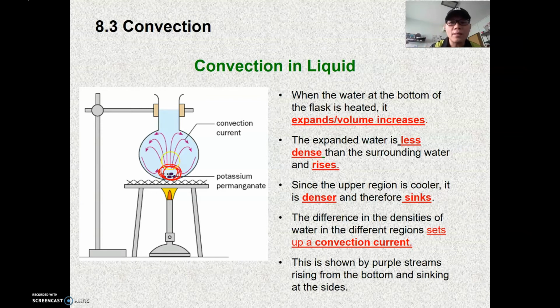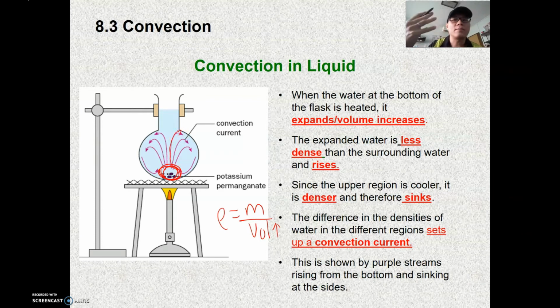So when it expands, what we have in terms of density, which is mass over volume, is that the volume increases. As a result, the density of the object decreases slightly. With the decrease in density, the substance will start to float up, move upwards.